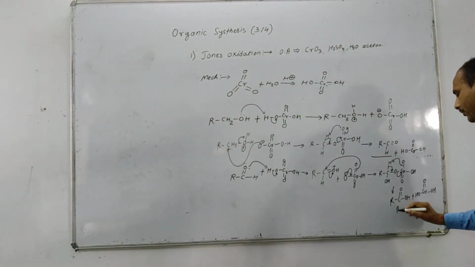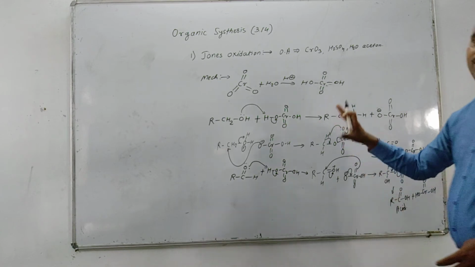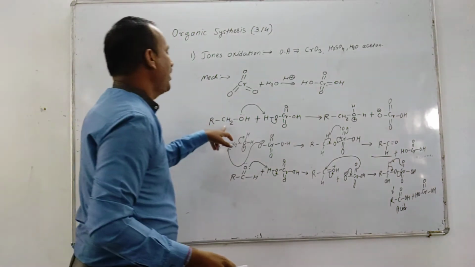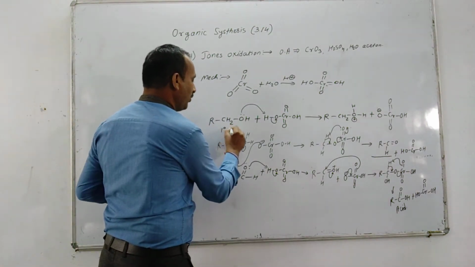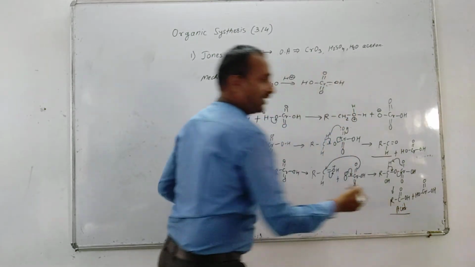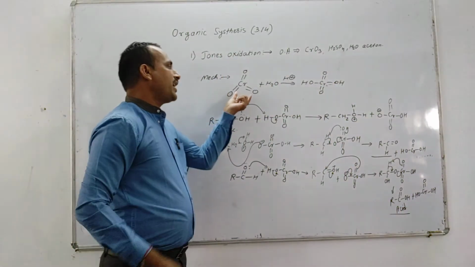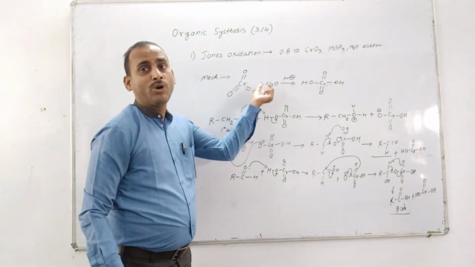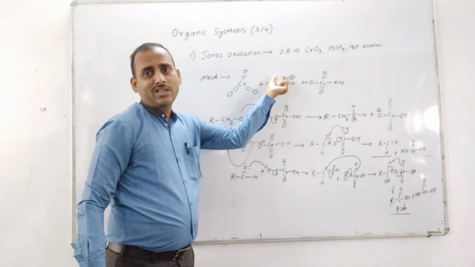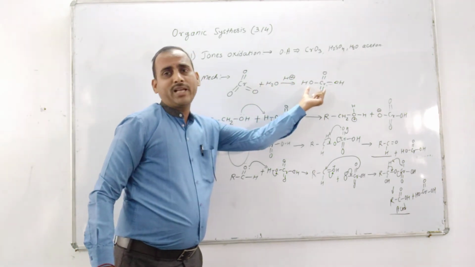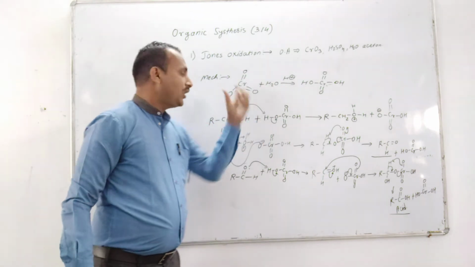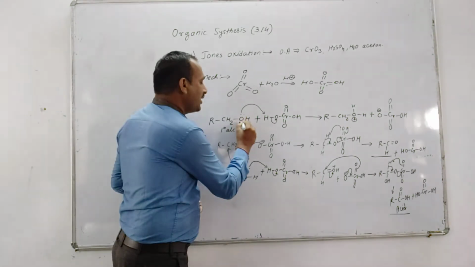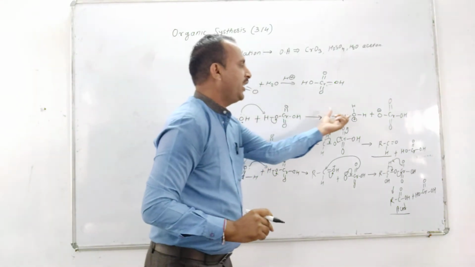Now here is the formation of acid. See here once again the mechanism of how the oxidation of primary alcohol to carboxylic acid occurs. The chromium trioxide's water, dilute H2SO4, means it contains water, and H plus from the sulfuric acid forms chromic acid, H2CrO4. Now the alcohol oxygen's lone pair takes the proton to form the protonated alcohol.